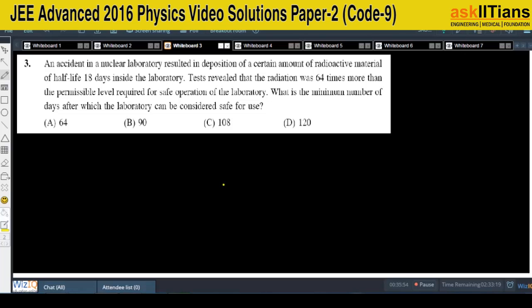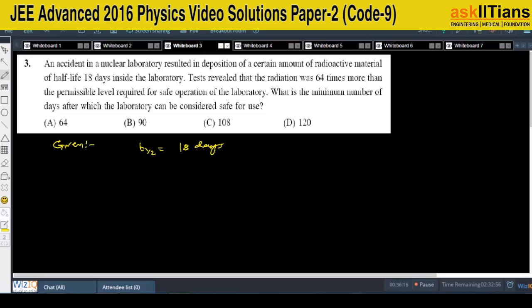So in this question we will use the concept of radioactive disintegration. From this part we will note down the given data, that is T half is given as 18 days.